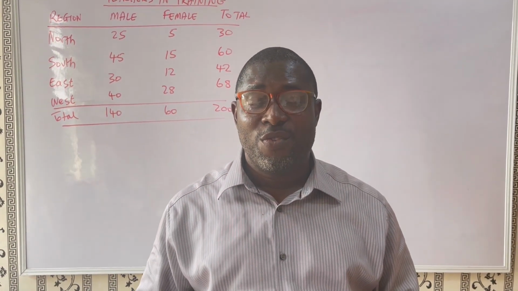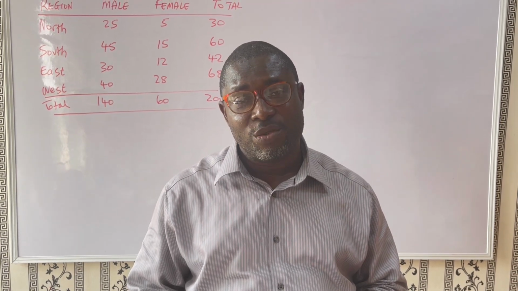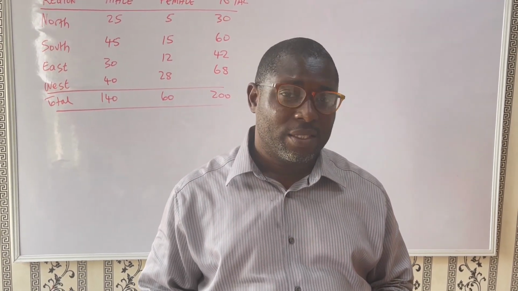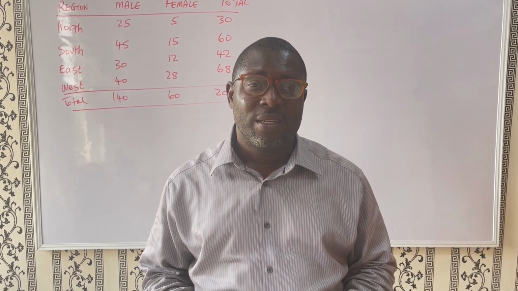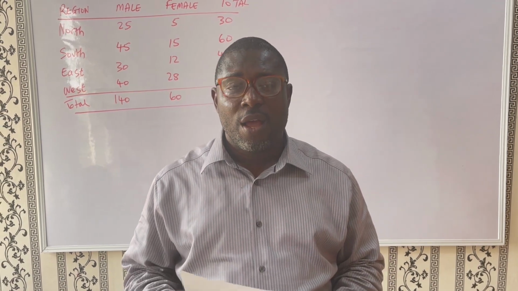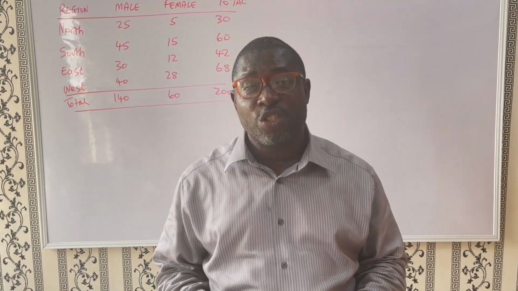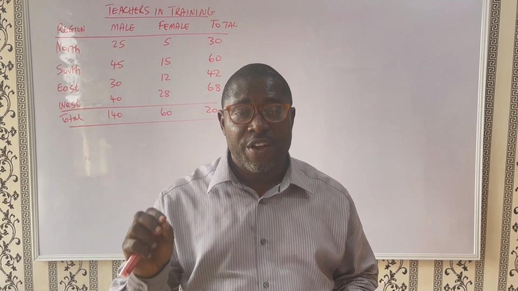Hello there, thank you very much for joining me and keeping faith with me on my lecture series in basic statistics. Today's topic is going to be presenting statistical data using ratio. Ratio is a relationship between two values or two variables.